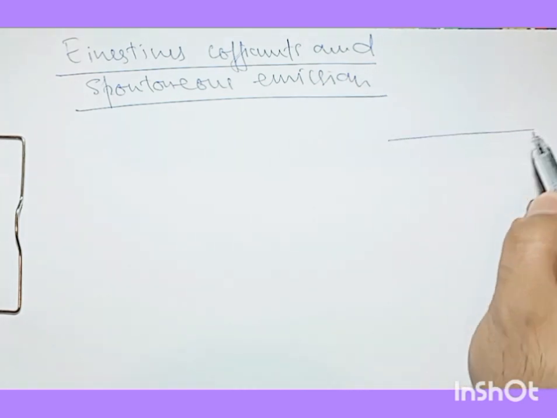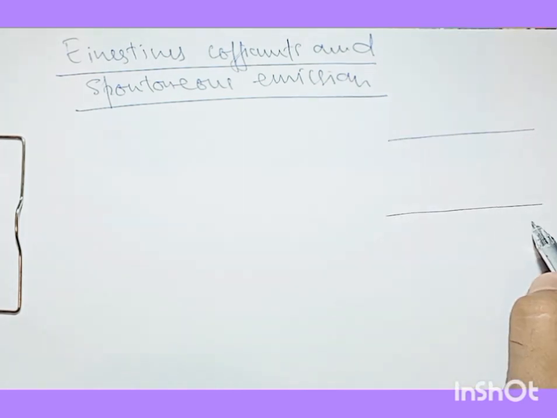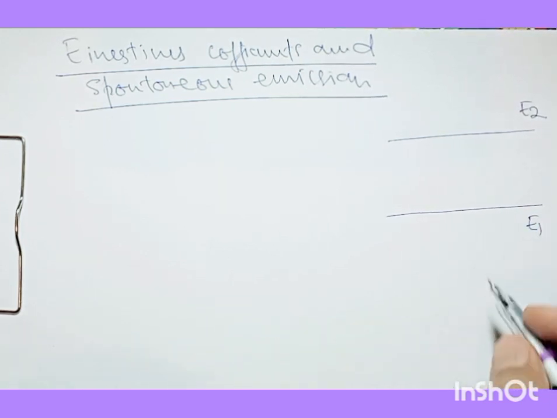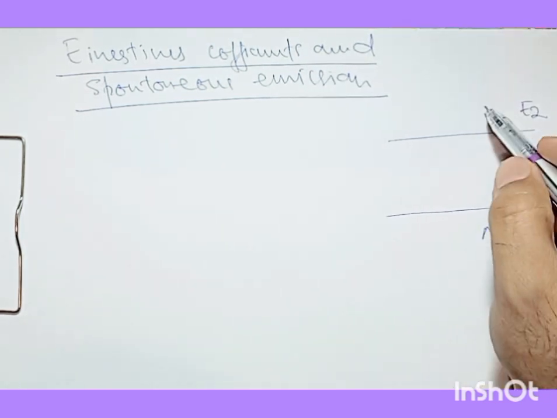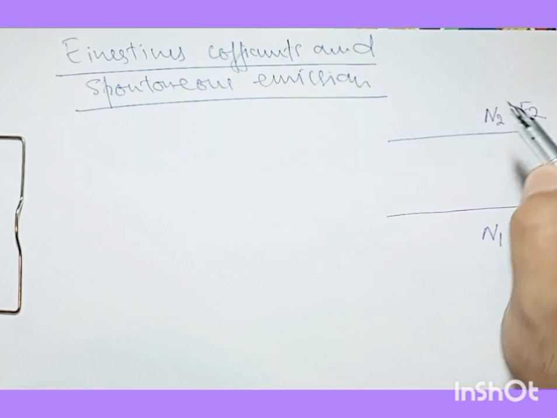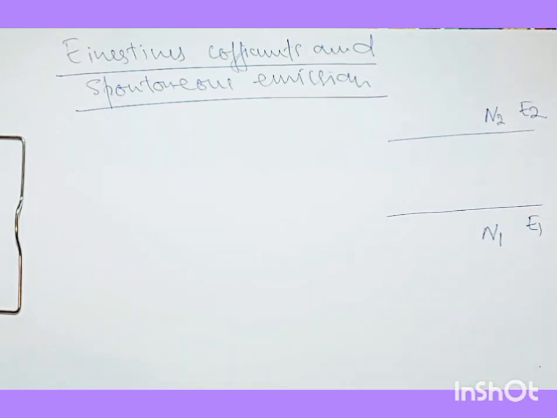So if for the sake of argument I choose two energy states, say E1 and E2, with N1 number of atoms in ground state and N2 number of atoms in excited states.